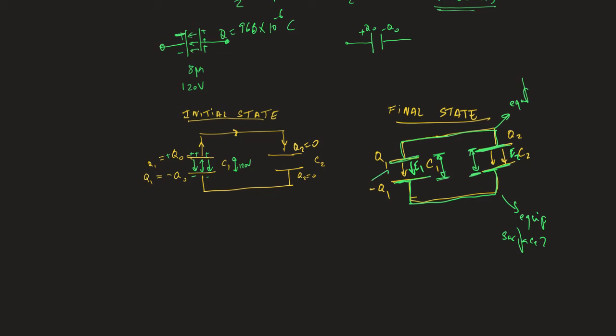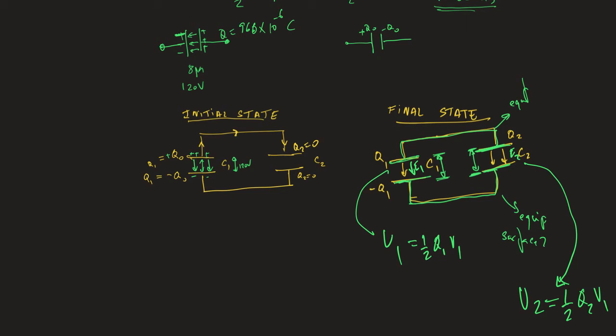Here there will exist a U1, a total potential energy that will be 1/2 of Q1 by the potential difference V1, and here there will exist an E2 and a charge Q2, and of course a potential energy that will be 1/2 Q2 by V2, but V2 is equal to V1.